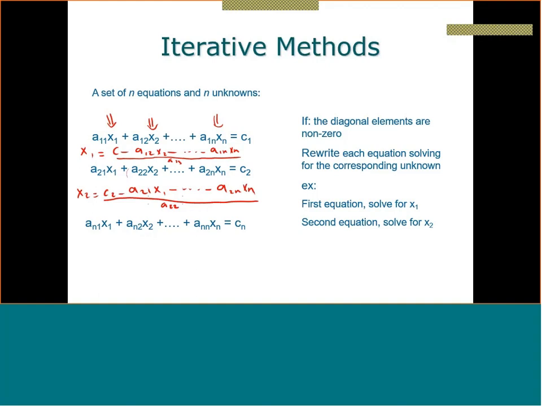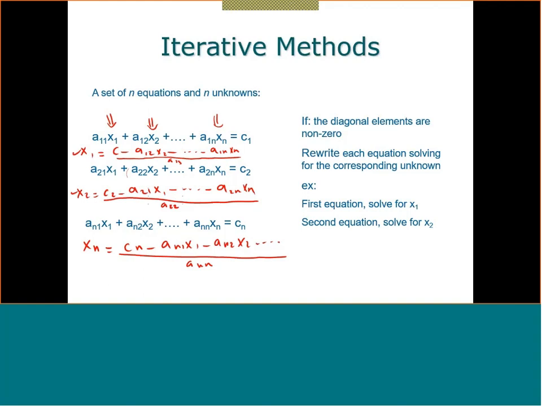And so on and so forth until I reach xn equal to cn minus an1 x1 minus an2 x2, etc., divided by ann. So I made n equations, each one for x1, x2, x3 until xn.